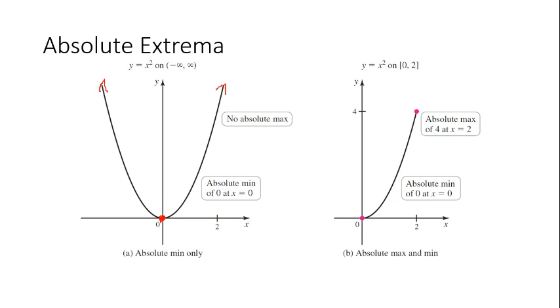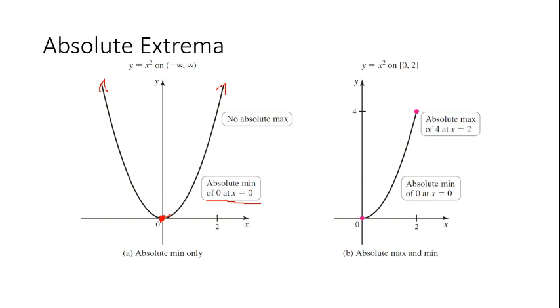So since there is no y-coordinate that is smaller than this, this is the absolute minimum. This is the lowest point on the graph, so there is an absolute minimum of 0 at x equals 0. The value of the absolute extrema is the y-coordinate, and it occurs at the x-coordinate. So the absolute minimum is 0, and it occurs at x equals 0.